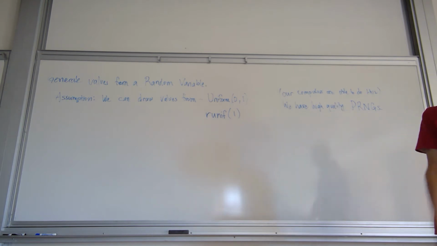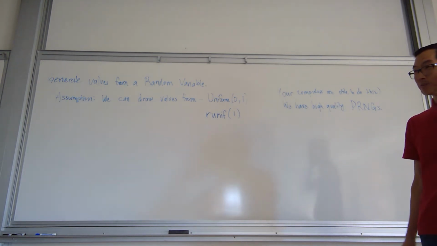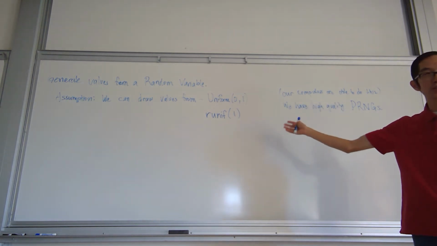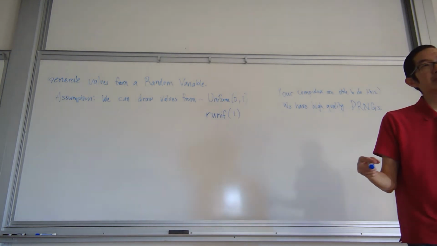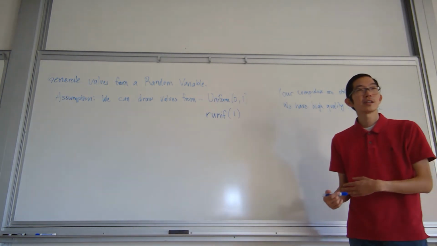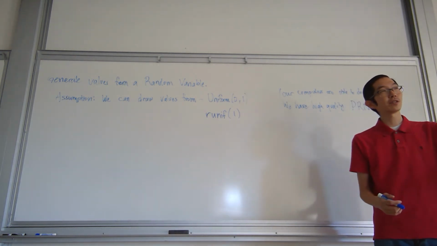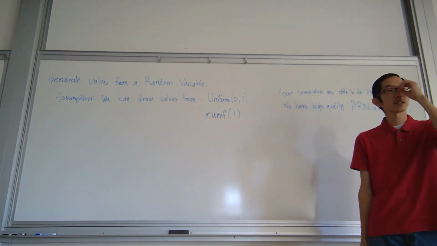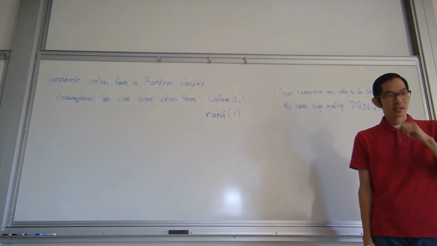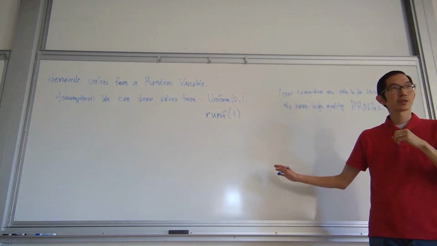It uses a pseudo-random number generator, which produces values that sure look like random numbers. But that's why you can set a random number seed, so that anytime you run the program again in the future, you get the exact same random numbers that you did last time, okay?